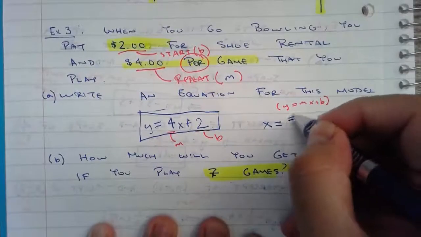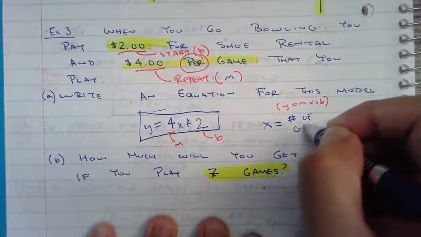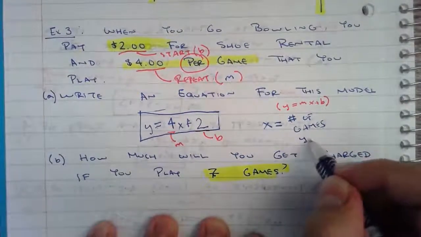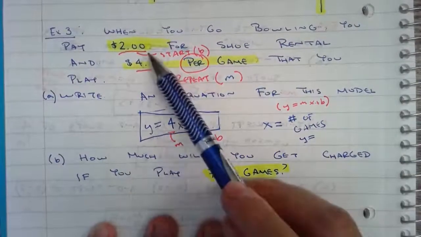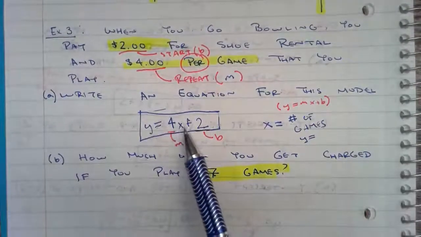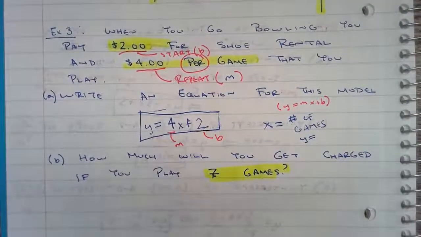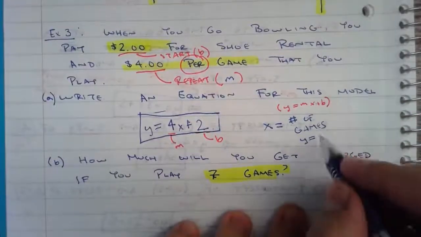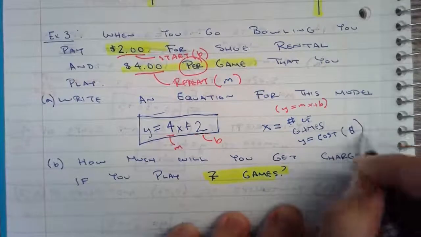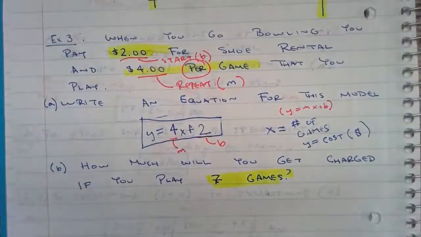So your x is your number of games. Your y in this case is the cost. Once you play one game, this equation tells you how much it's going to cost to play one game. So this is your cost, or your money.